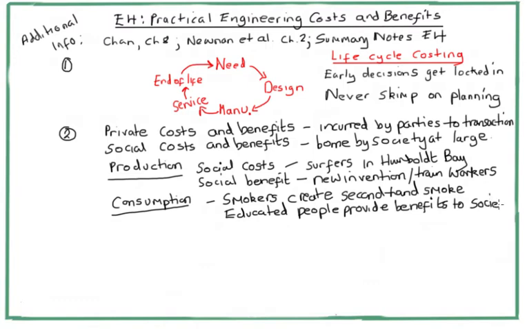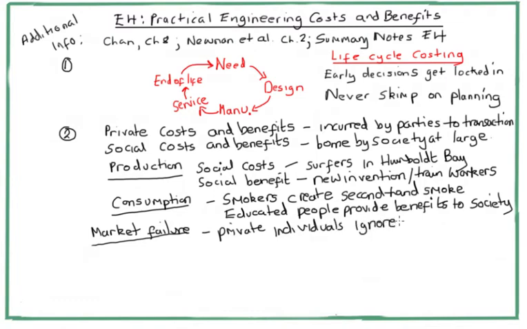So given that we have this problem, we get what economists call market failure. And market failure, there are several sources of market failure, but this particular source arises because private individuals ignore social costs and benefits when making decisions about what to produce and how to produce.